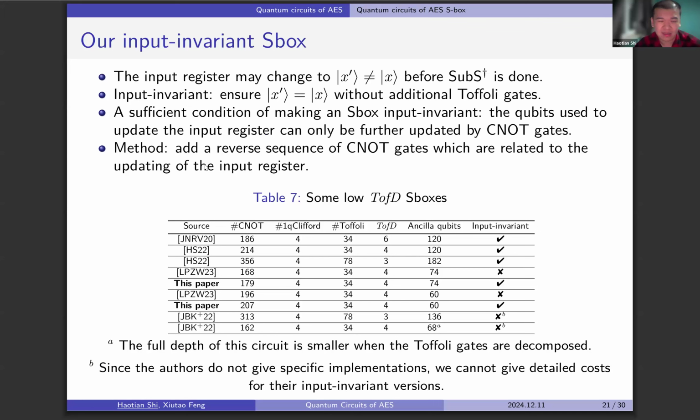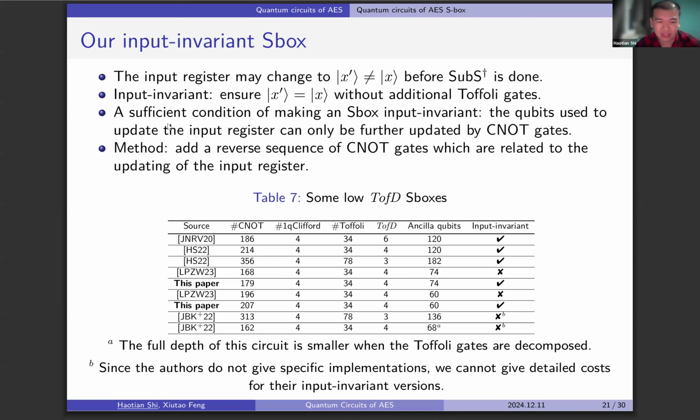An important thing that is worthy to know is about the circuit S-box. The input register of the circuit S-box may change to X prime before the uncomputation is done. So we give a definition of input invariant S-box, which ensures that X prime is equal to X without using additional Toffoli gates.